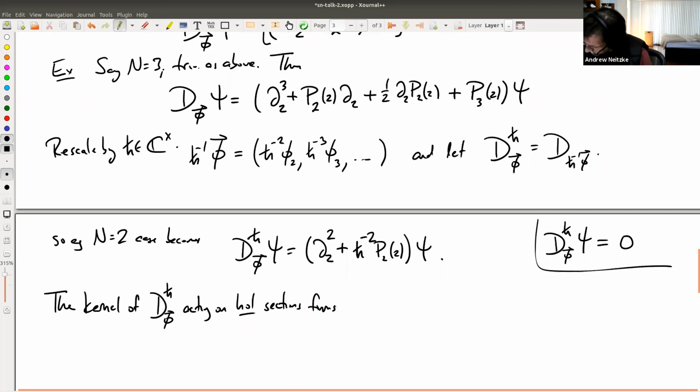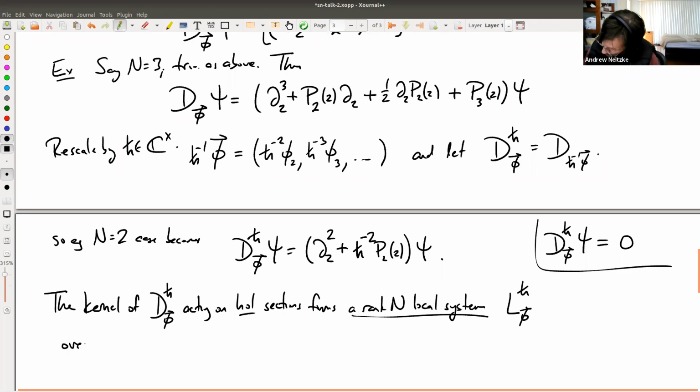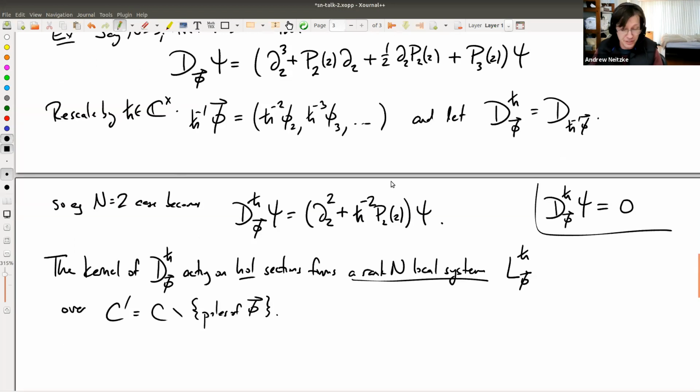So this kernel forms a rank n local system, which I'll call L Hbar phi, over, not over the whole curve, but over the curve minus the poles of phi, since the equation is singular there. So on our surface, we've got some rank n local system that comes just by looking at the solutions of this differential equation.